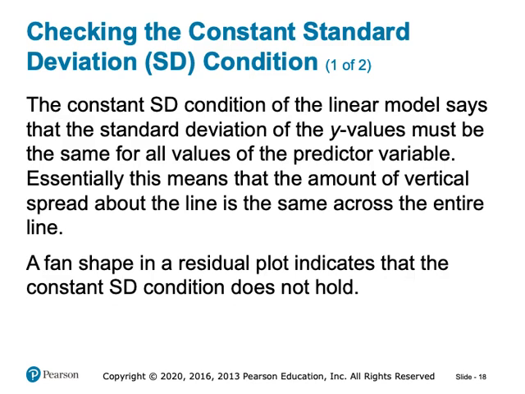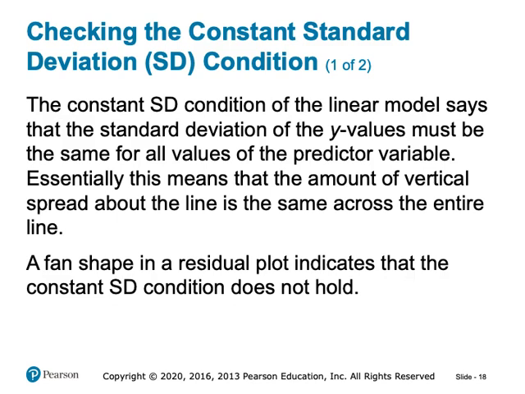One way to detect whether this condition holds is by examining the residual plot. If the residuals are spread out consistently across the plot, with no discernible pattern, it indicates that the constant SD condition is likely satisfied. However, if the residual plot displays a fan shape, where the spread of the residuals increases or decreases as you move along the horizontal axis, this is a sign that the constant SD condition does not hold.